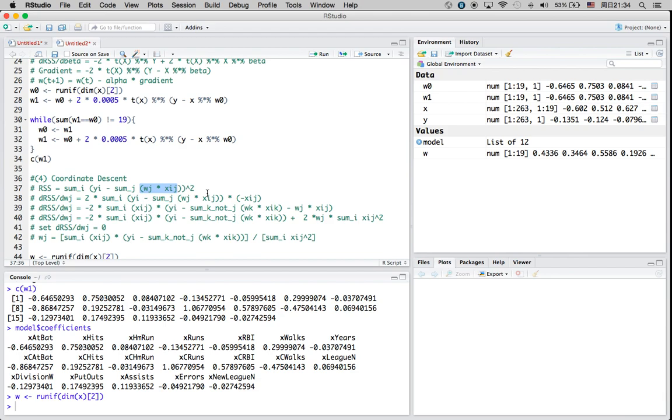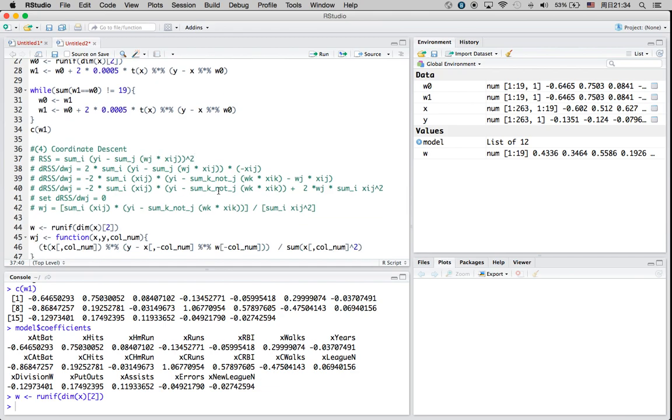I hope you have the basic concept for this. So I'll go into the derivation of how to get the partial derivative of my residual sum of squares. Taking the derivative of the residual sum of squares with respect to the jth coefficient, I bring the 2 to the front, and this part is still the same.